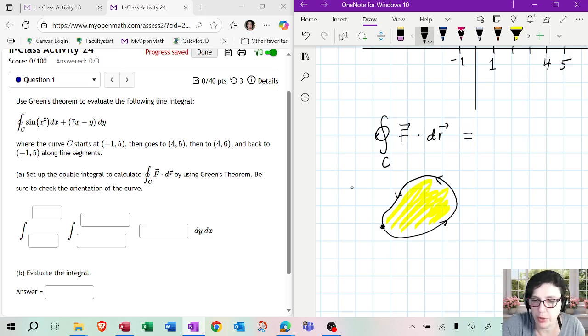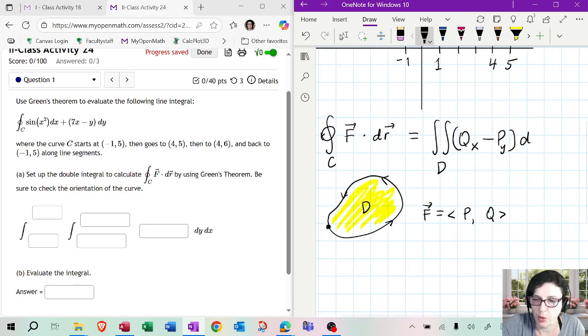Instead, we are switching to a double integral over this region, we call it D, and we are going to integrate, well, the force, let's assume, because this is Green's theorem on a plane, it has two components, P and Q. So this is going to be Q with respect to x minus P with respect to y.